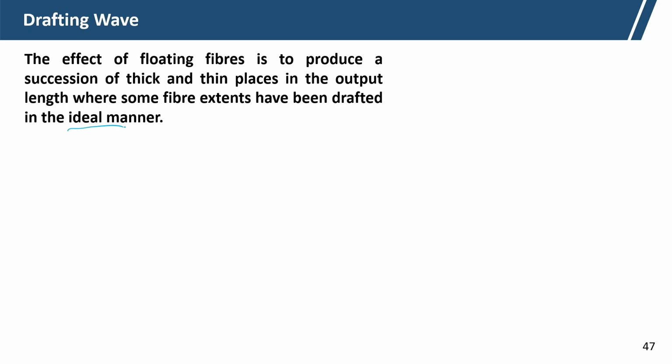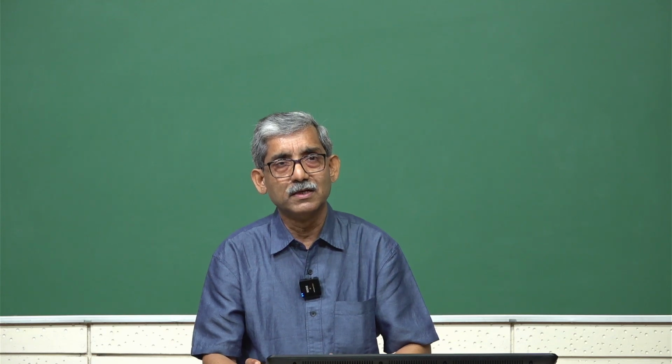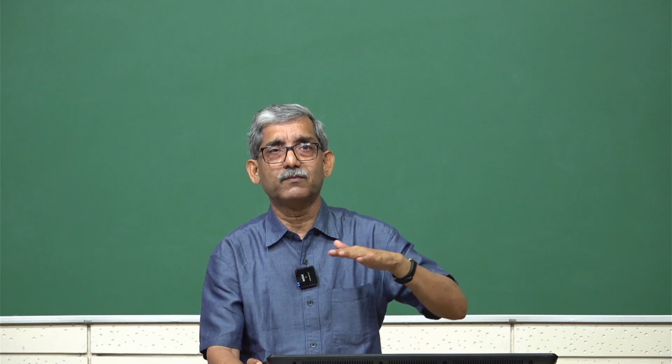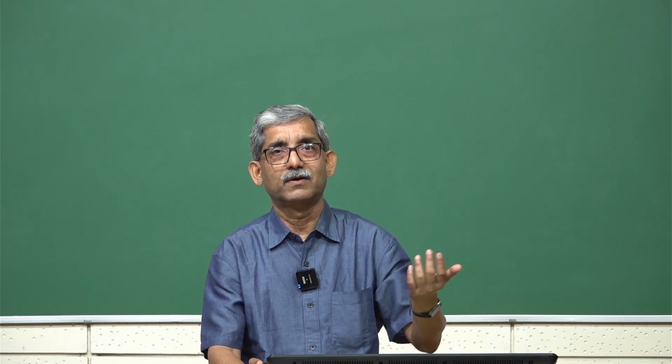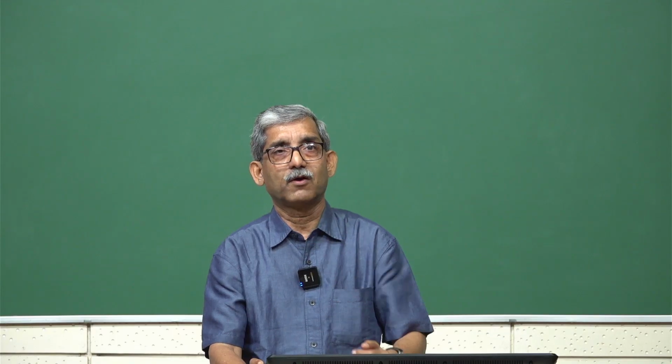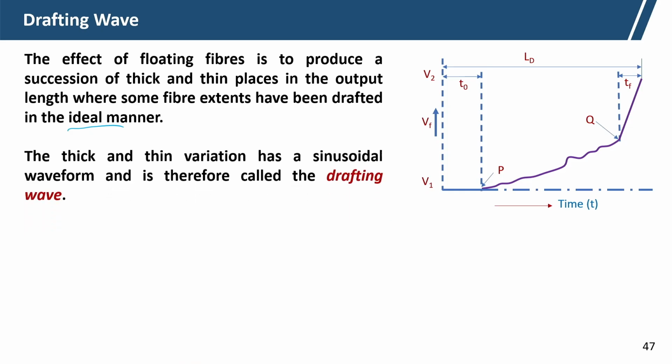So, floating fibers basically produce thick and thin places, while some fibers follow the ideal manner, but that is again in random fashion. From this diagram we can see that the thick and thin variation forms a sinusoidal wave and is therefore called the drafting wave.